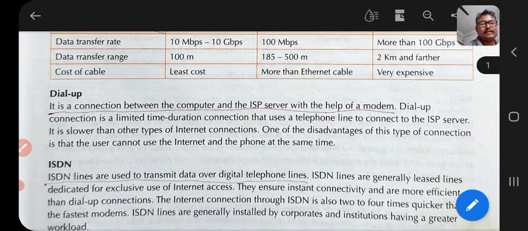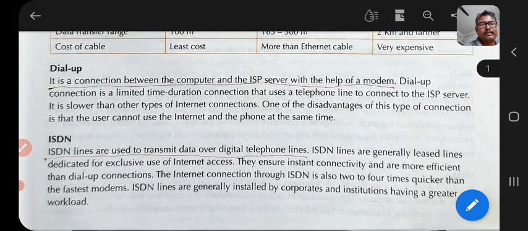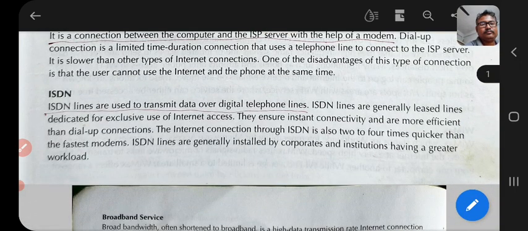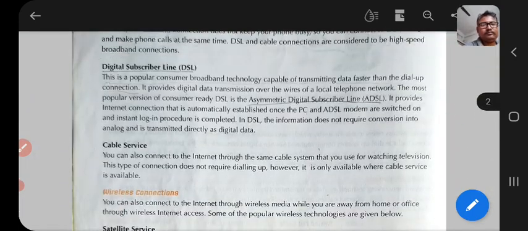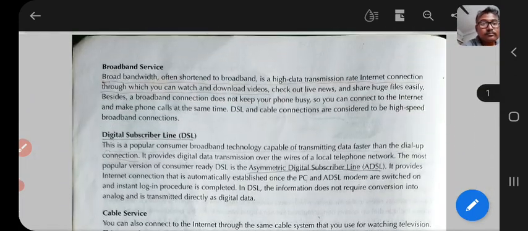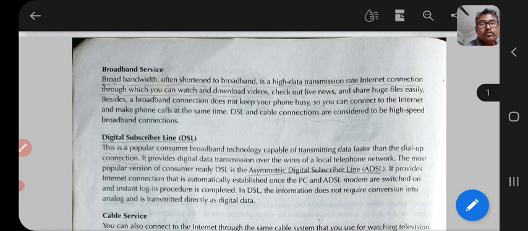Next, question number 7. What is the full name of broadband, which is often shortened to broadband?